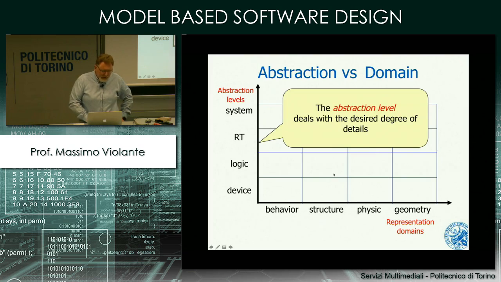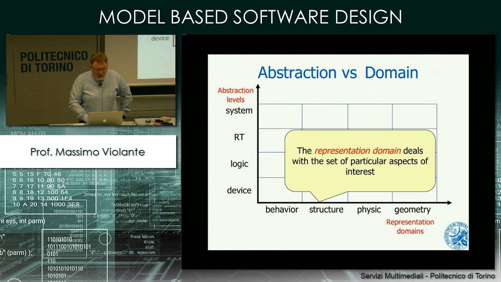Let me say that the abstraction level is the degree of details, so how detailed your model shall be. It can be so detailed that you describe every single physical device that is part of your model, or it can be very abstract. You just have a representation of the functionality that the system exposes.